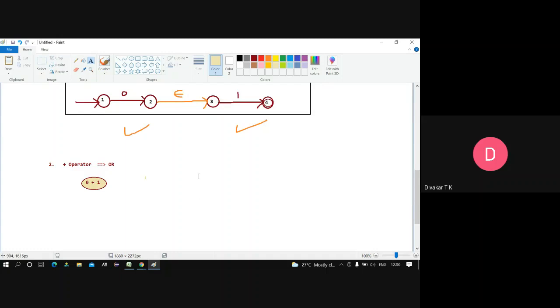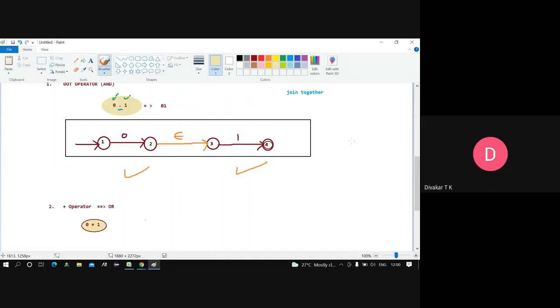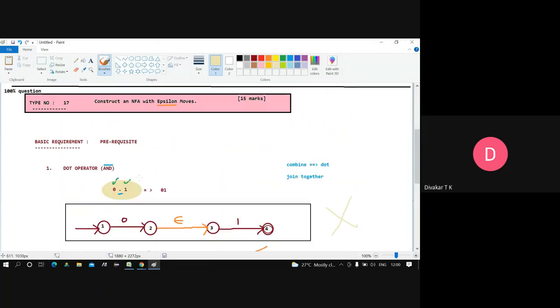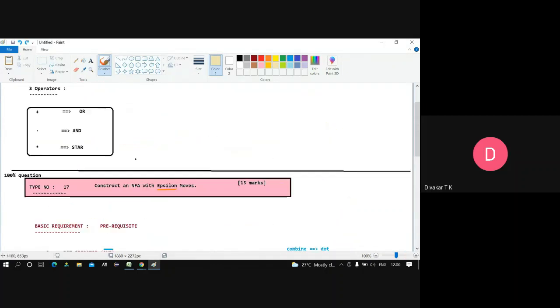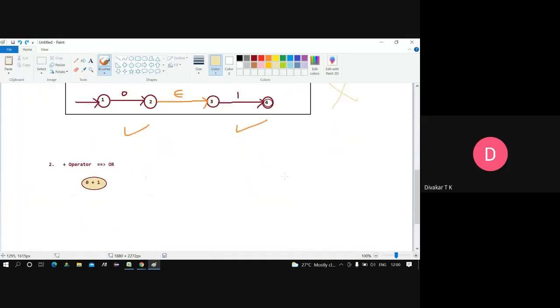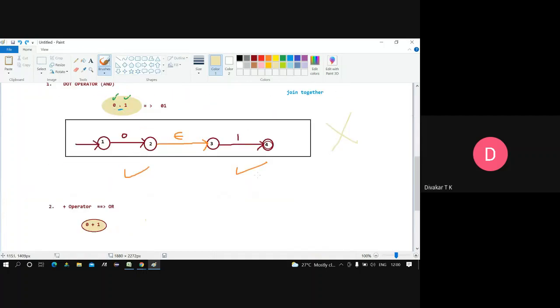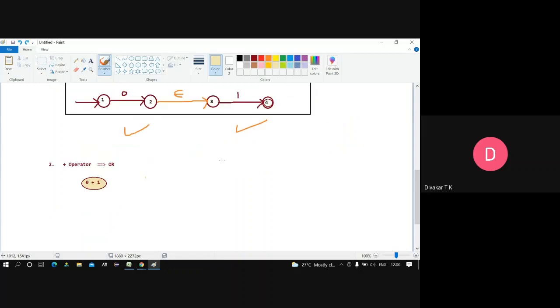If you don't know this one, guys, you cannot do this problem. I'm taking a little time and giving the prerequisite here. If you don't understand this, you cannot move on with this problem. You lose 15 marks.